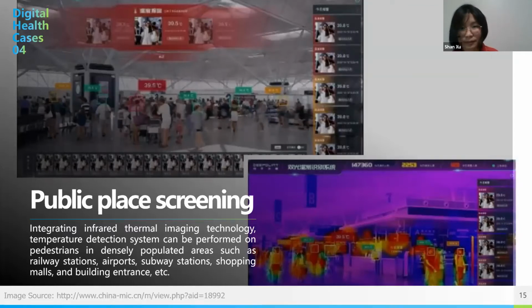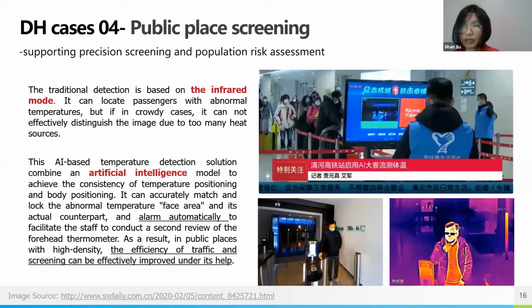This picture just shows a kind of non-contact temperature detection system. It could be used in very densely populated areas such as railway stations, airports, building entrances, etc. And the next page shows some of the process and implementation.